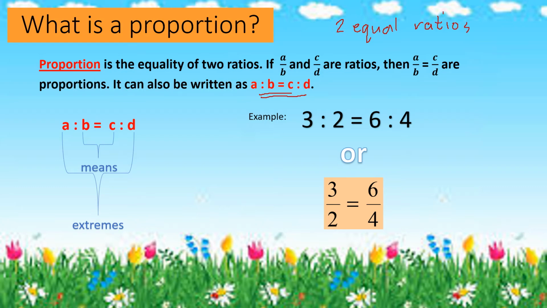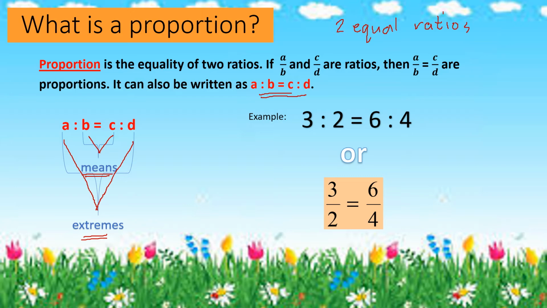So let's say we have the ratios A is to B and C is to D. If the ratio A is to B is equal to C is to D, then it forms a proportion. Now in the proportion A is to B is equal to C is to D, the second and third term are what we refer to as the means, while the first and fourth term are what we refer to as the extremes.